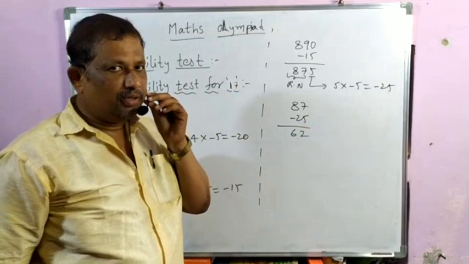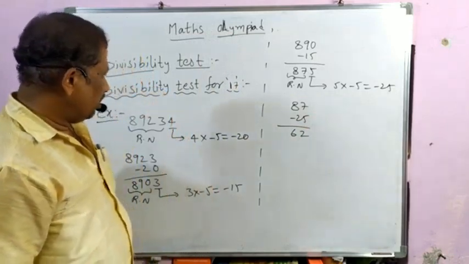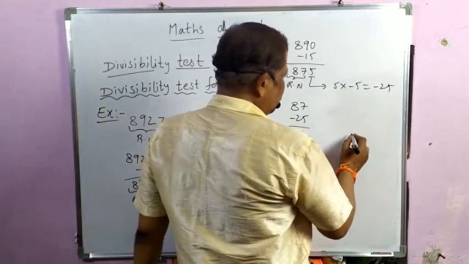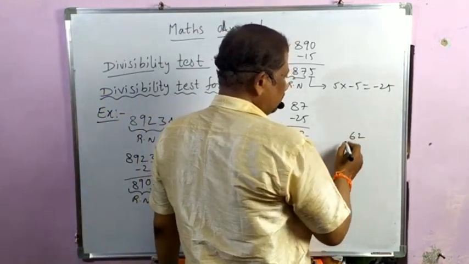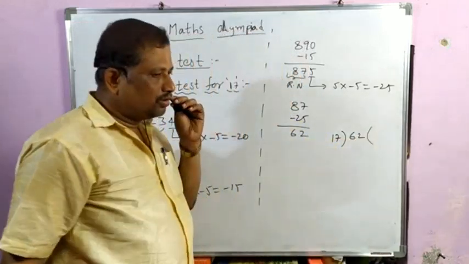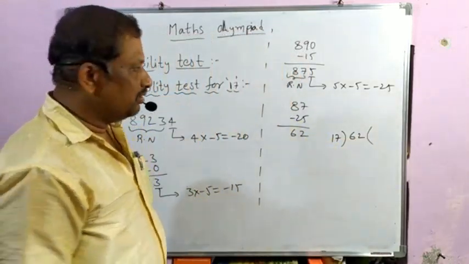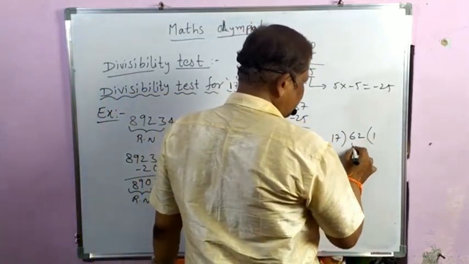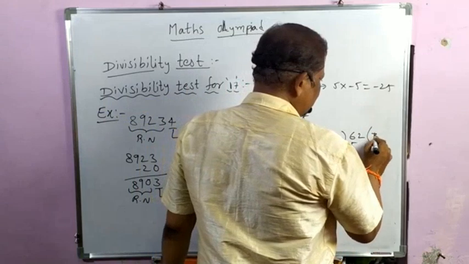Check whether it is divisible by 17 or not. Is 62 divisible by 17? No, it is not. How many times does it go? 17 threes are 51.